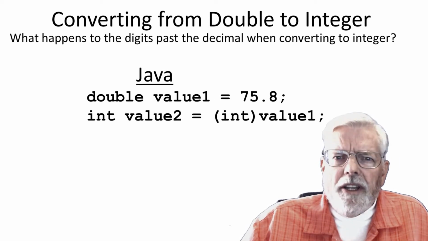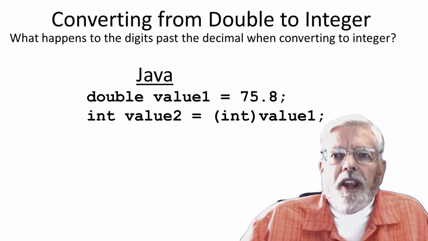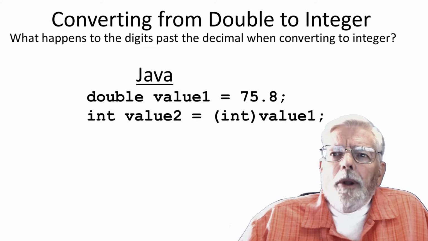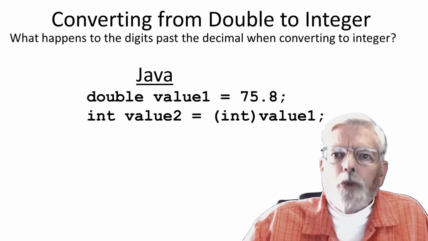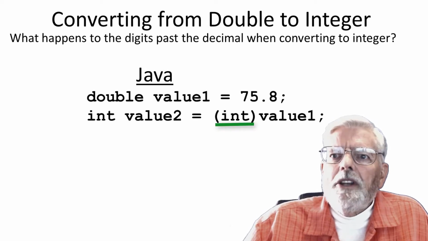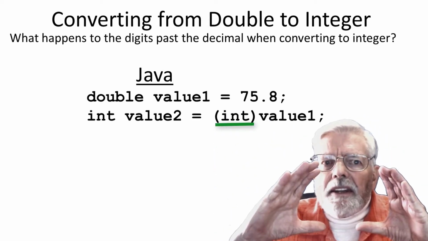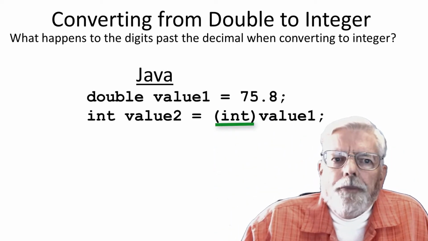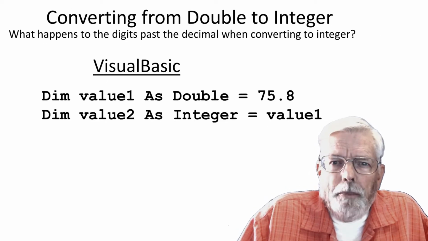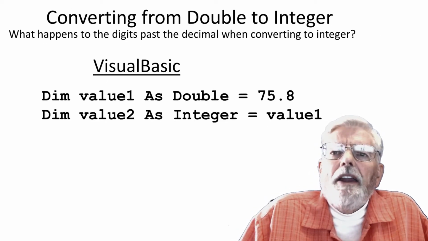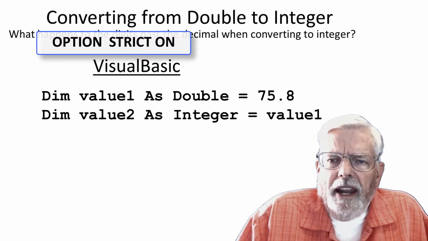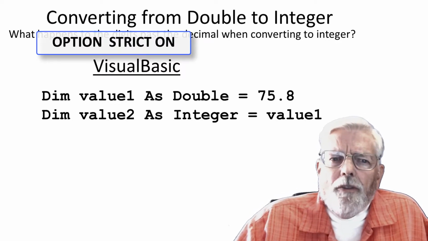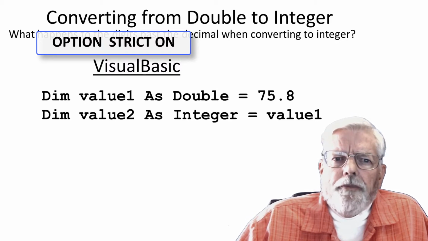Java is strongly typed and will create an error if you try to convert from a double to an integer without specifically telling Java that this is what you want to do by using the typecast int in front of the double value. At the top of a Visual Basic program, you can enter the line Option Strict On to force the compiler to generate an error instead of doing an automatic conversion from double to integer.